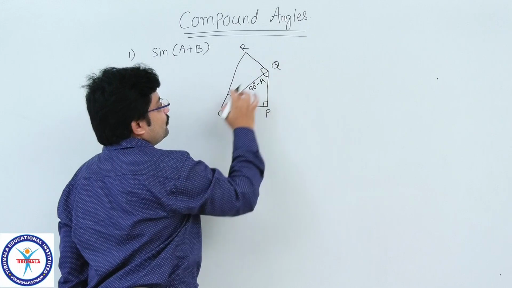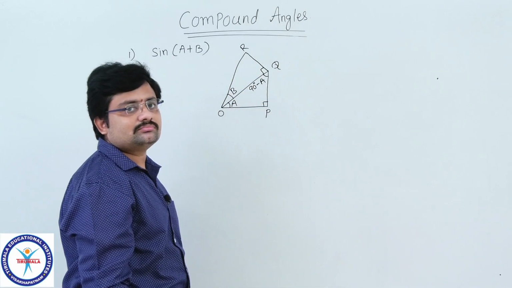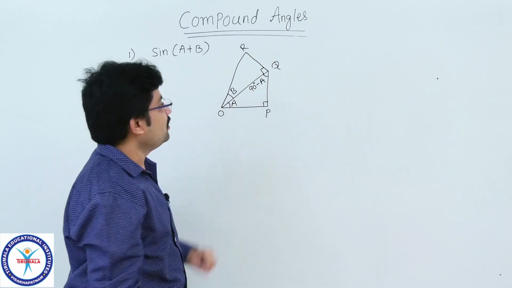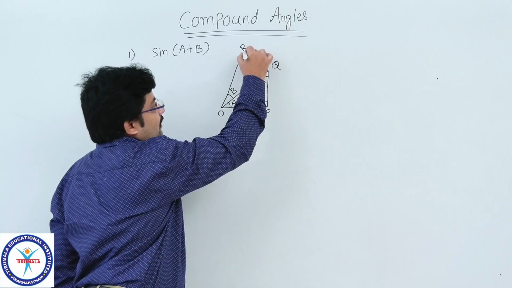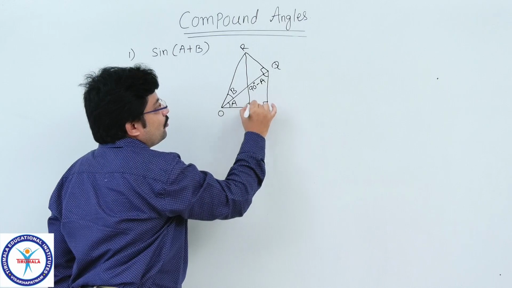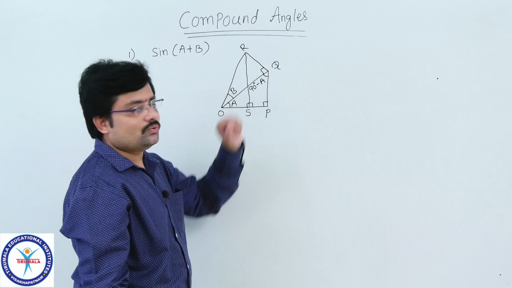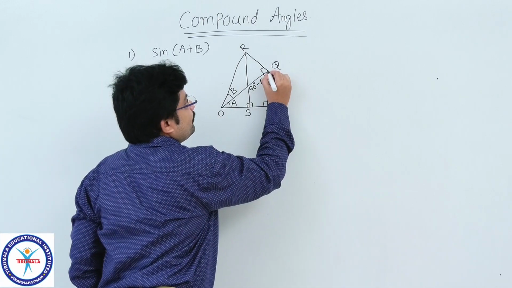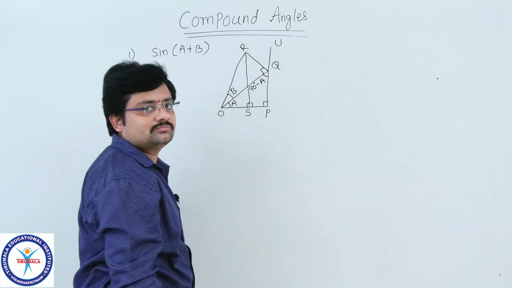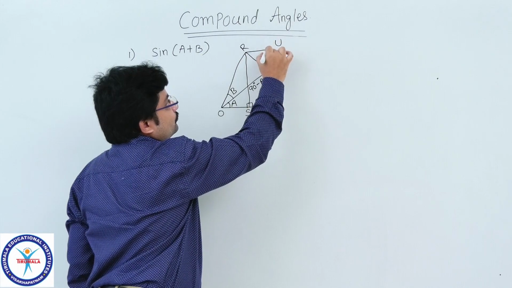Here, angle QOR is the measure of angle B. So, here we get the angles A and B. Next, draw RS perpendicular to OP and extend PQ to U and join RU.